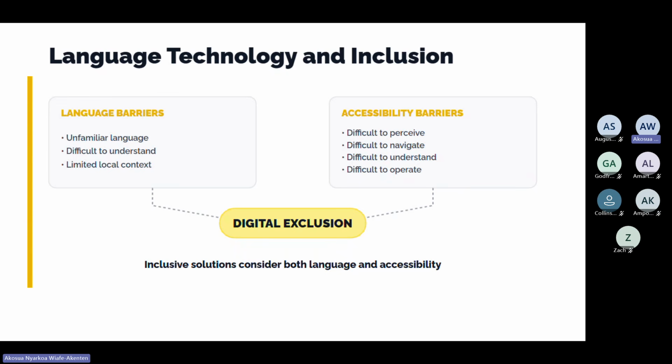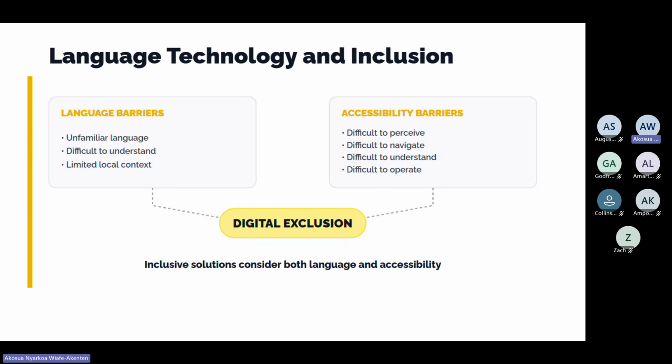Okay, and for the language barriers, we have unfamiliar language, difficulty understanding languages, and limited local context, right? Unfamiliar language is probably the simplest to understand. This is a case where a person does not speak or understand the language that an NLP system or solution you'll be developing would make use of.